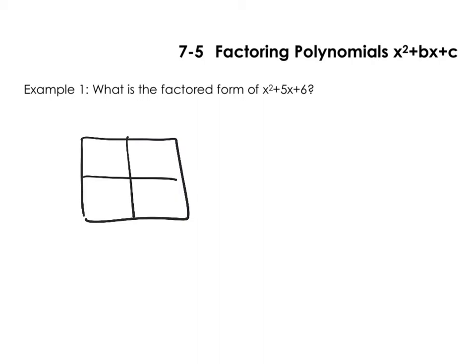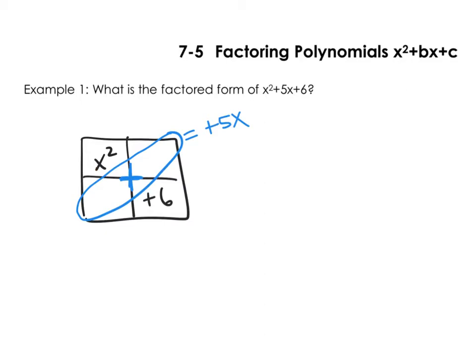So we know that they got x squared, and over here they got a positive 6 as their constant, and we also know that their diagonals added to be a positive 5x. So I have to ask myself, what two things would go here and here to multiply to become x squared?